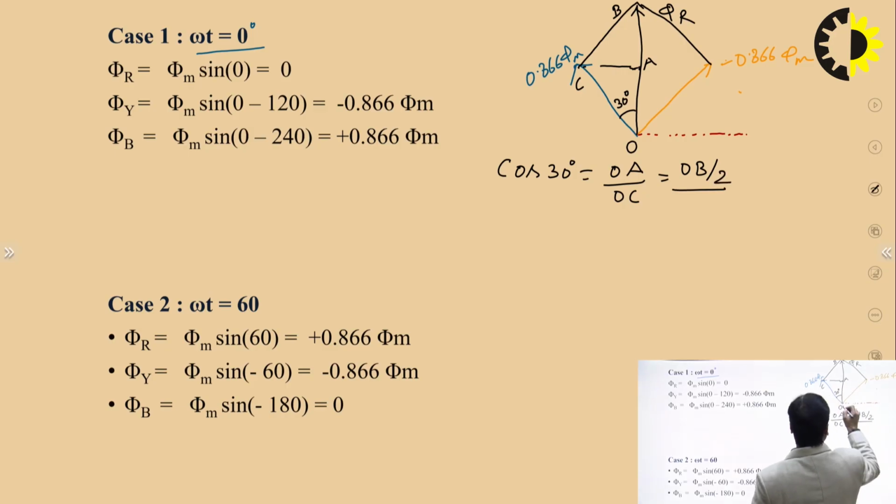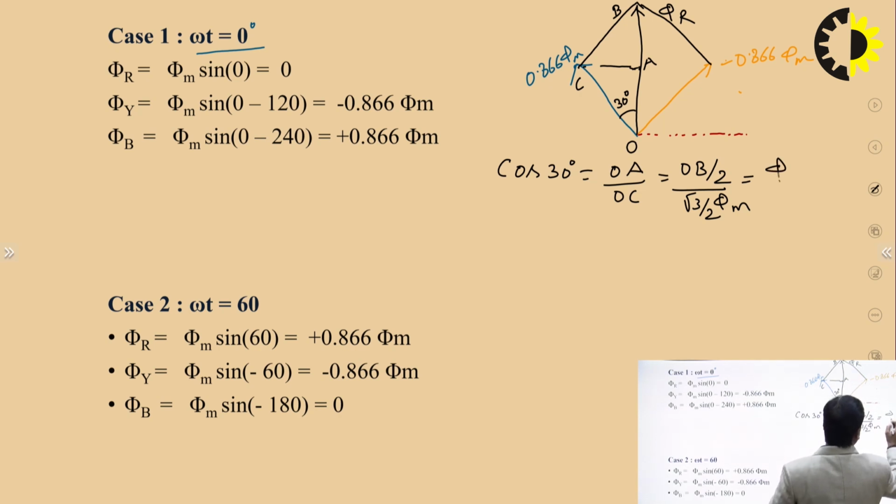The value of OC is root 3 by 2 phi m, and OB is the resultant flux phi r.